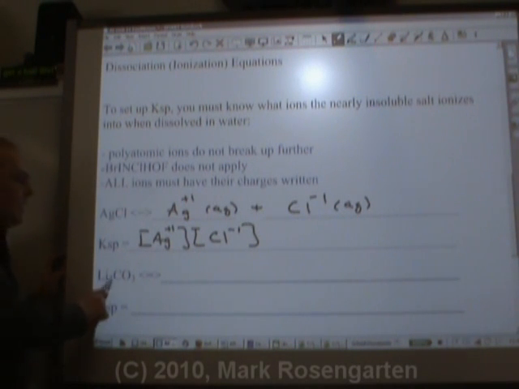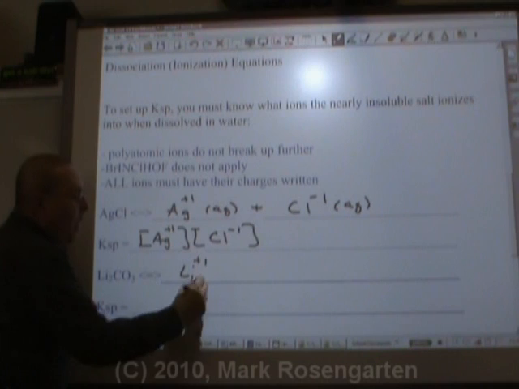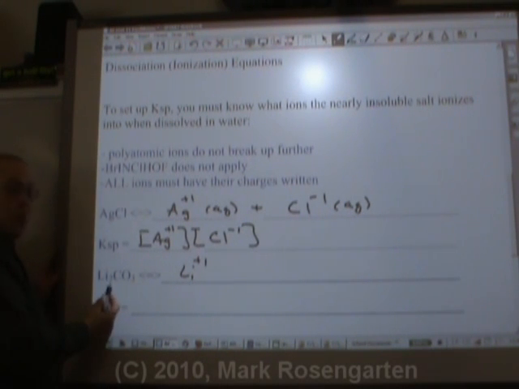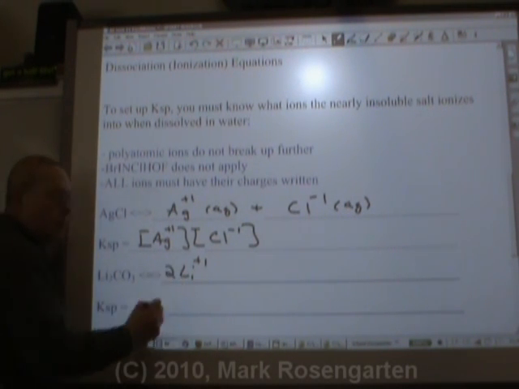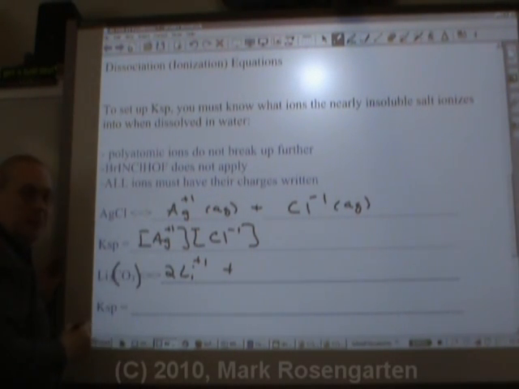Let's do another. Lithium carbonate, when it dissolves, forms lithium ions, but not just one lithium, two lithium ions, plus, now remember, carbonate is one piece. It's carbon covalently bonded to 3 oxygens. Water can break the ionic bond between lithium and carbonate, but water cannot break the covalent bond between the carbon and the oxygen.